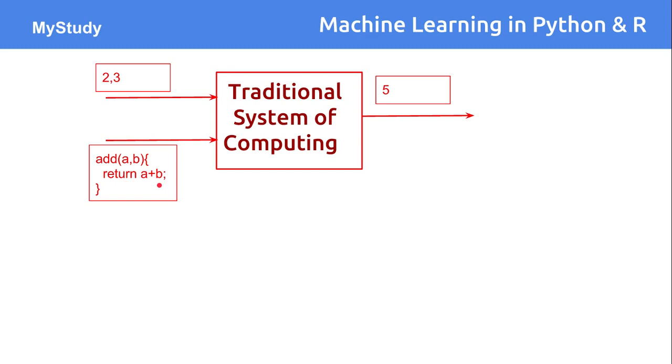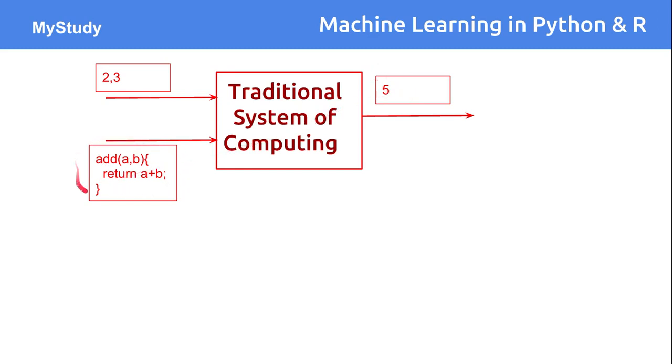But can you think a little differently: if we feed 2, 3 and 5 to this machine, can the machine come up with such a program? Can the machine extract those kinds of patterns for us? Can the machine learn from this kind of data? That is nothing but machine learning. In the traditional example, we give the input plus the program to the machine, and it gives us the output.